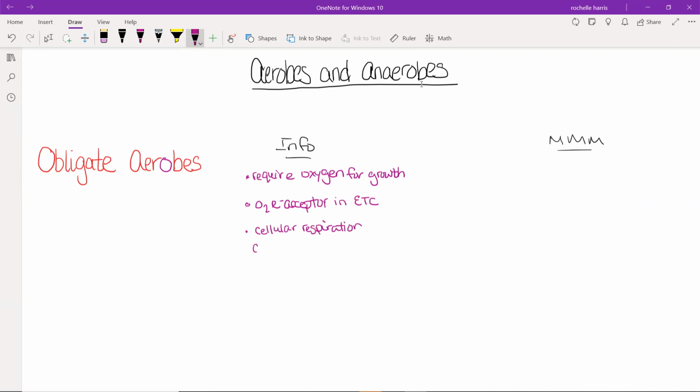So it's the cell breakdown of sugar or fats so that they can obtain ATP.